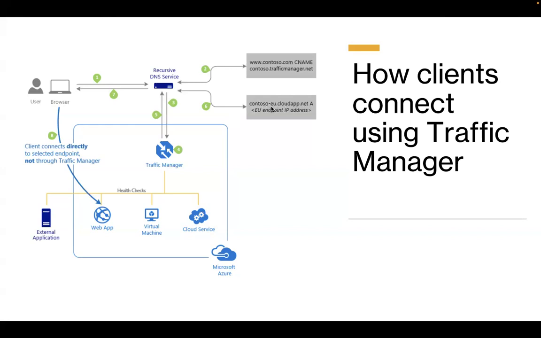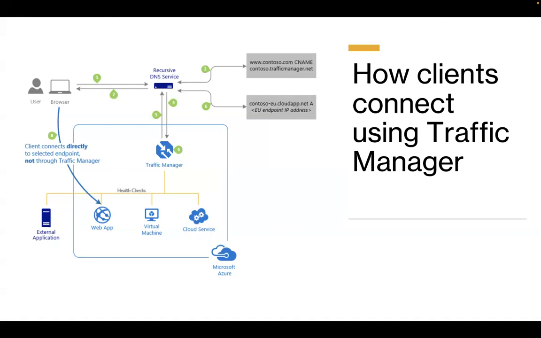This contoso-eu.cloudapp.net is the endpoint in Europe. So now it is going back to the user that the user has to reach out to this endpoint. Now the user got the endpoint name, and the user is directly connecting to the web app or the endpoint.